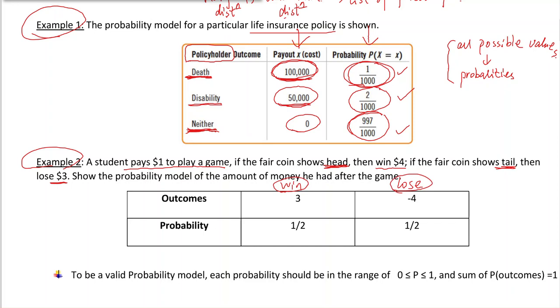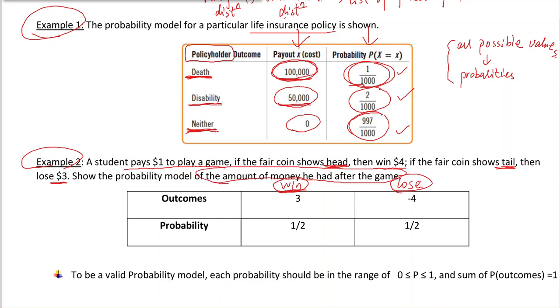So actually now these are the possible outcomes. Then we need to assign the corresponding values for each outcome. All right, so that means if this student wins the game, then what is the amount of money he had after the game?